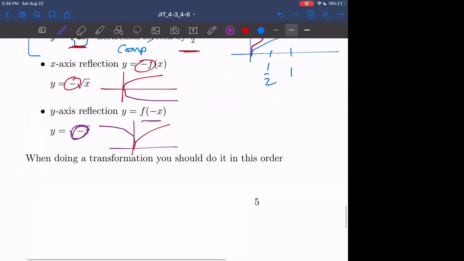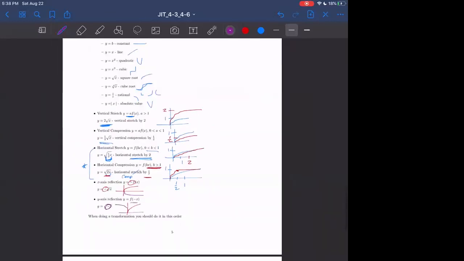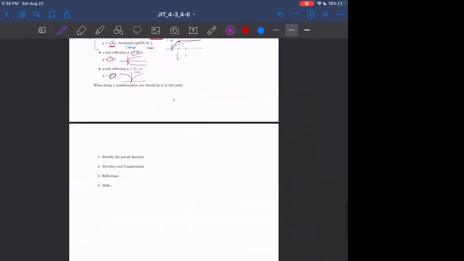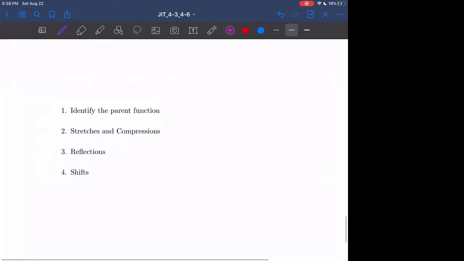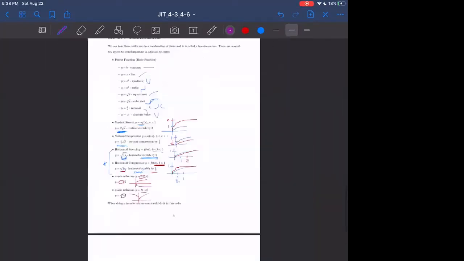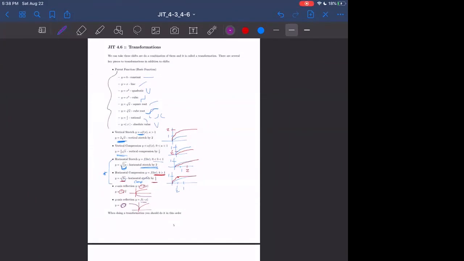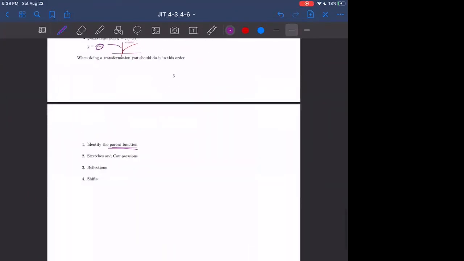All right, so a function may have multiple of these transformations. Okay, so you're going to want to do it in this order. Make sure you identify the parent function. It should be one of those that are on this list up here. And then you're going to look for any stretches or compressions. So are you multiplying it by anything? Then look for reflections. Are you multiplying it by a negative anywhere? And then lastly, any shifts. Are you adding or subtracting anything?